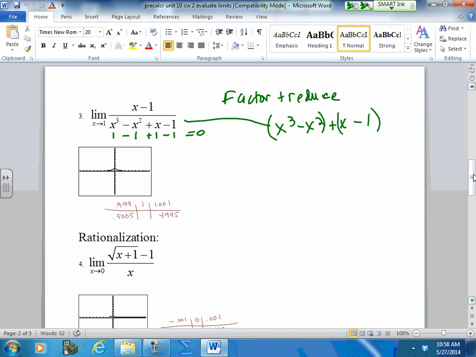What can I factor out of the first group? X squared. So what's left? X minus 1. X squared over x squared is 1. Now it looks exactly like this guy, doesn't it? So just factor out a 1. Take your common factor, and then this is your remaining factor.